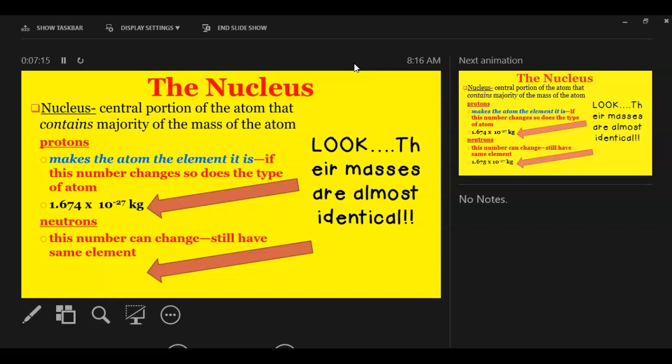The number of neutrons can change, and it does not change the type of element.